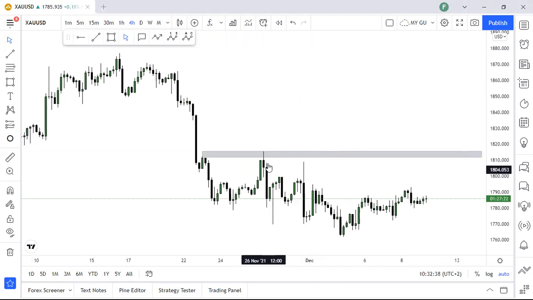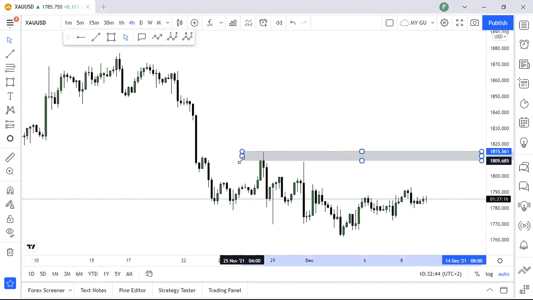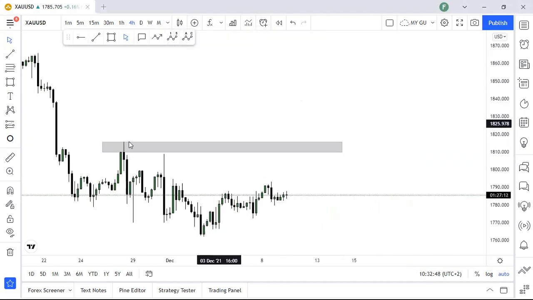So let's say this is the wick that we're going to be using, around this area. Then we take this box and use the wick, because that's the area that we are watching. If you had your box right here using this wick, you can see price went down, then it came back, almost touched it, and then it went down. You know what I mean?